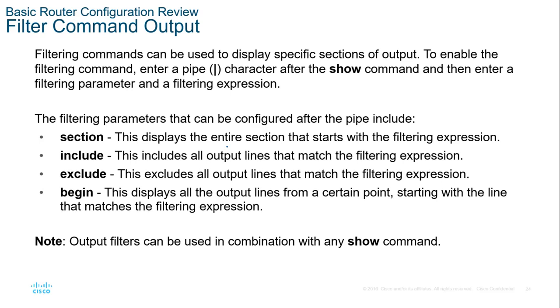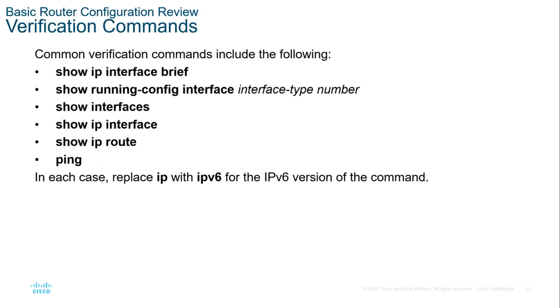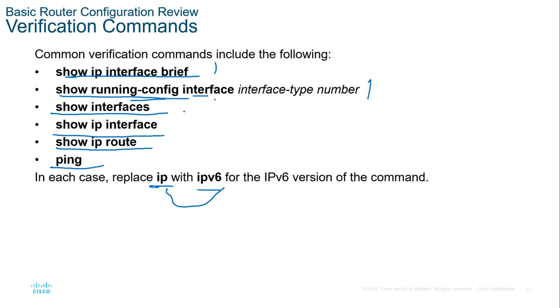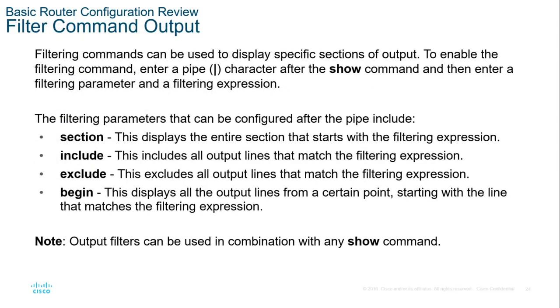Our filtering commands: the commands that you saw previously, you can filter by putting a pipe in between, and then filter the section that you need. You say section, and which section? Maybe something like DHCP. Then the section for DHCP will show up.